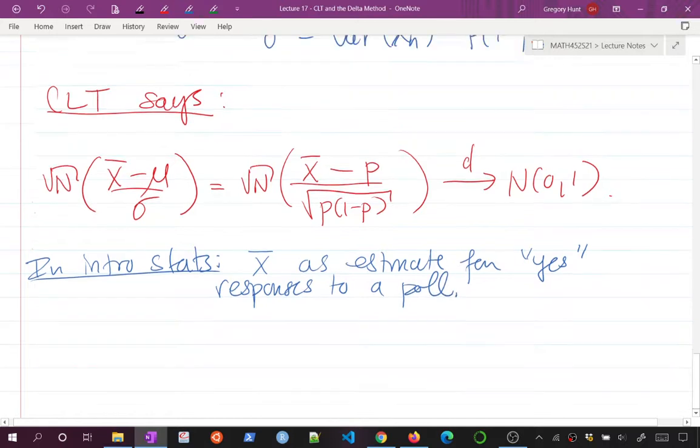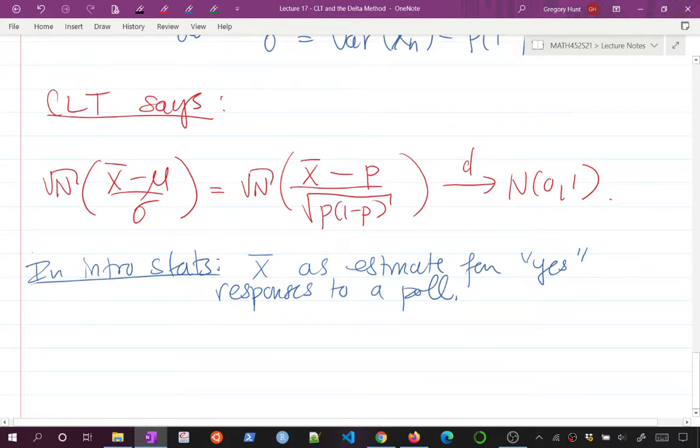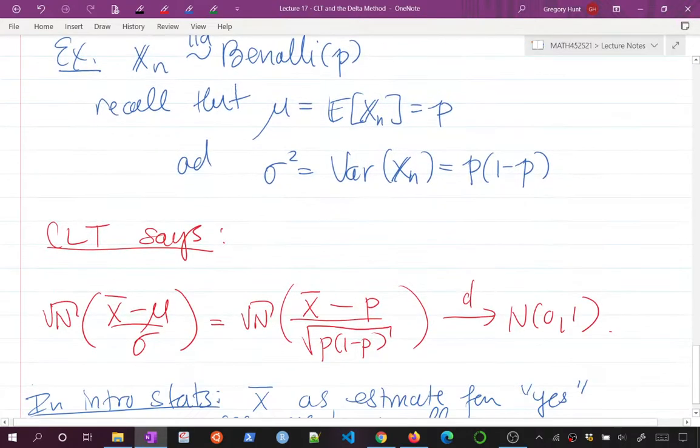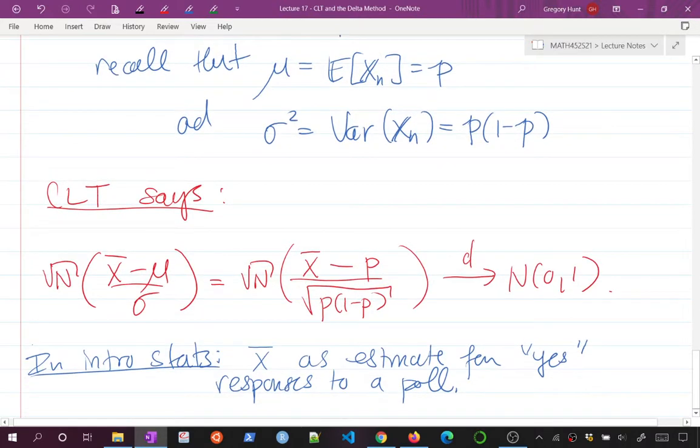In an intro stats class, you would never see someone talking about Bernoulli distributions, but ultimately, if I do a yes/no poll, do you like 452? Do you not like 452? All your answers are binary, yes/no.